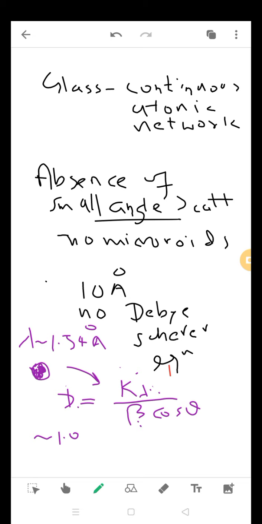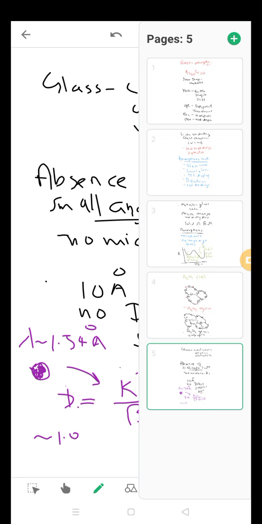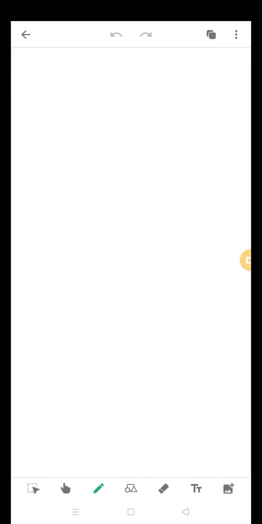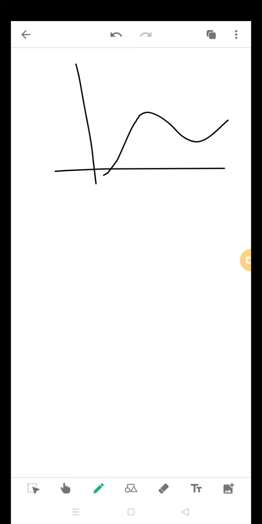This beta is your full width of maxima. So if we have a plot like this, for this peak, if you deconvolute, or if you just observe carefully or put it through mathematical equations, you will find that it is a bell-shaped Gaussian plot, and the bandwidth or the full width half maxima is beta.